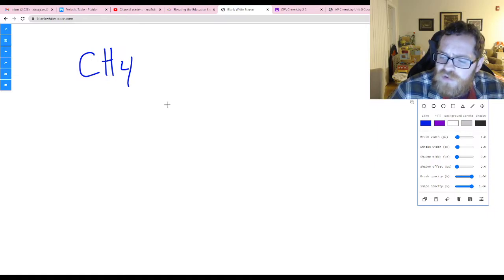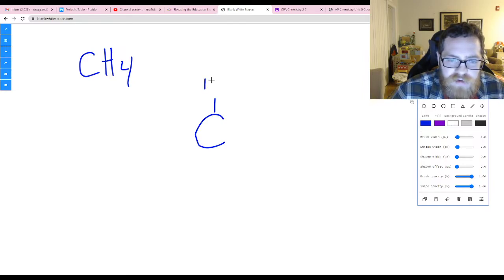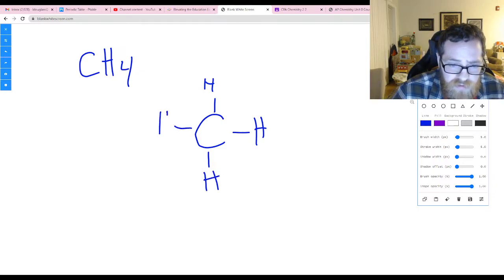Usually you take the least electronegative metal element and put it in the middle. However, hydrogen can't do that. So typically, if you have carbon, carbon is in the middle. We have carbon, and then we simply attach all of the hydrogens to it until we reach 4 bonds.